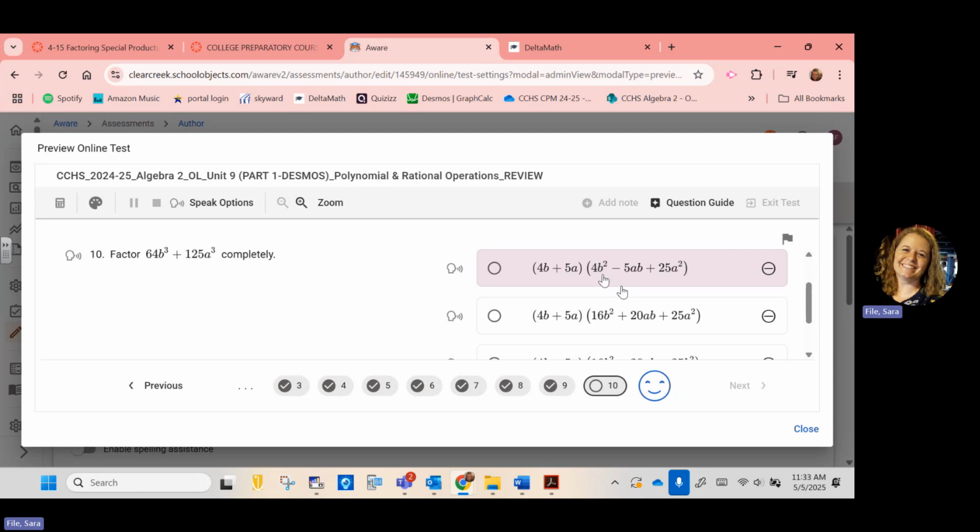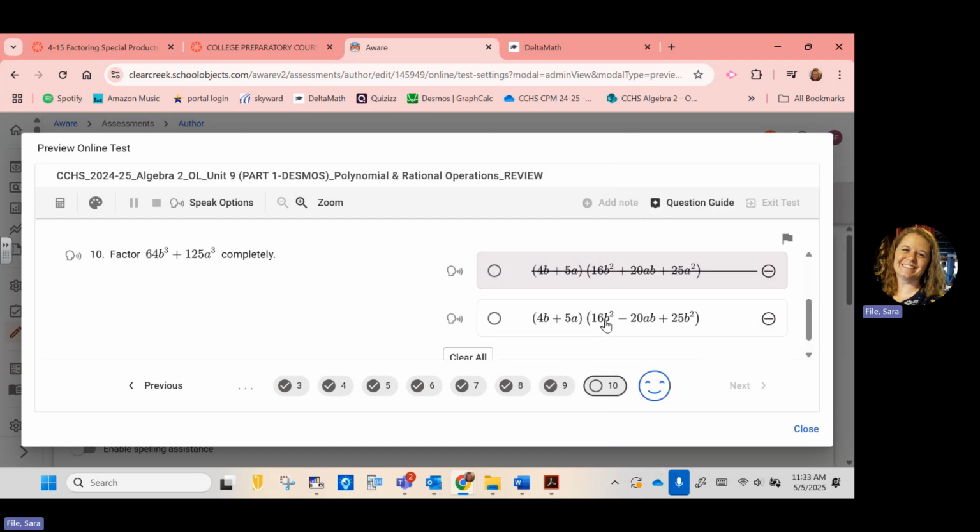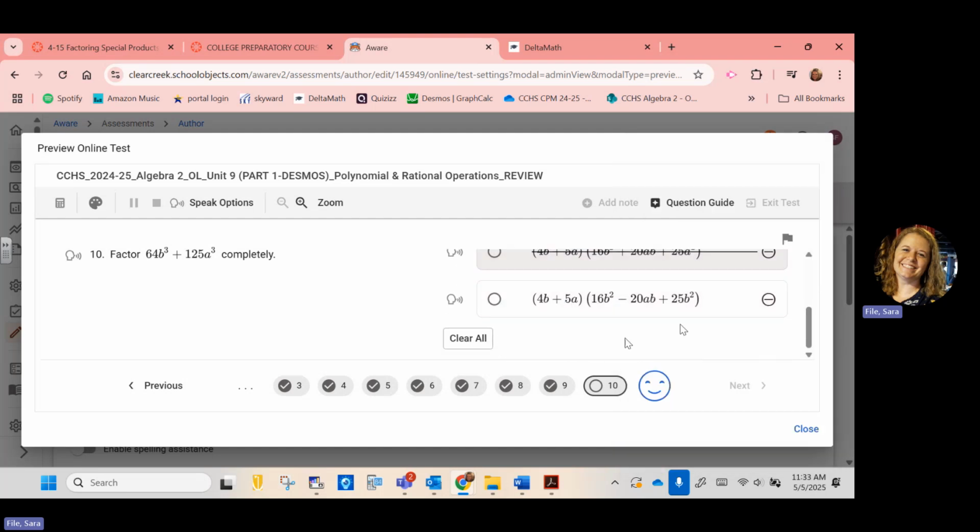This only has the b squared. It didn't square the coefficient, which it should have. So this one's out. This one, right away, you can see it's out because it has the wrong sign. It's supposed to be a minus right here. So this is the only one that has that entire term squared. So the 4 squared becomes 16, and then the b squared. And then it's got a minus in the right spot. Okay, so I just used process of elimination, looking at the formula of how this should expand out to see that it should be that one.